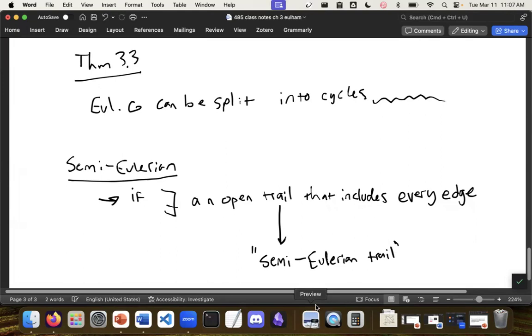So it meets the Eulerian definition that we've hit every edge, but it's semi because we didn't go back to the starting point.